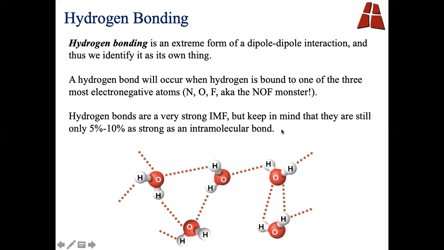So hydrogen bonds are very strong as an intermolecular force, but keep in mind that they're still only 5 to 10% as strong as an intramolecular bond. So that would be like the bond between this hydrogen and this oxygen, whereas our hydrogen bond is shown by these dotted lines here, okay?